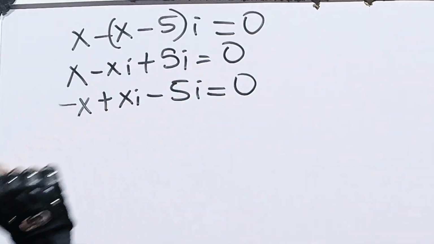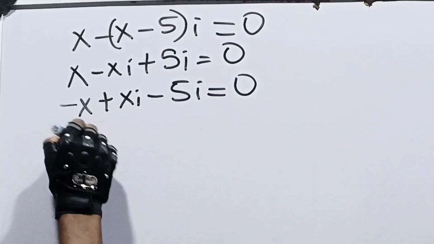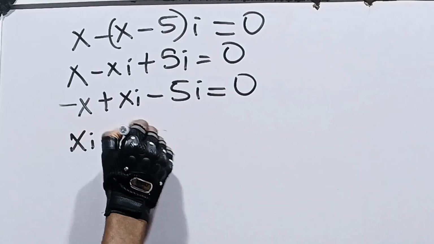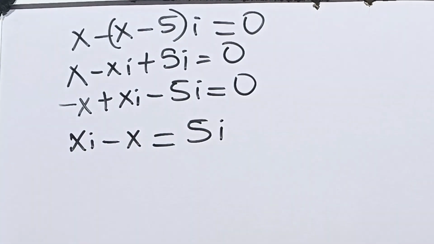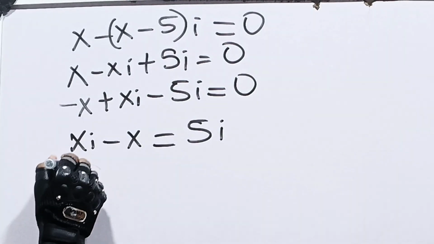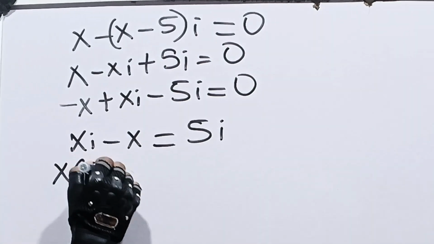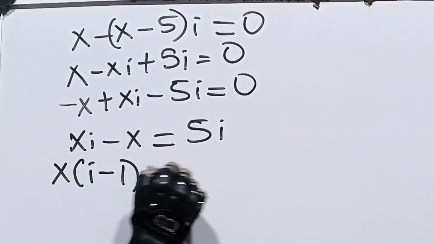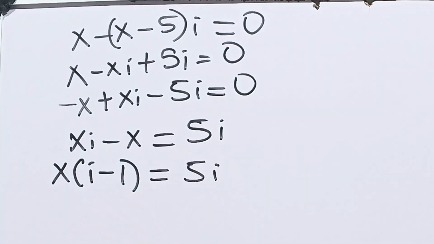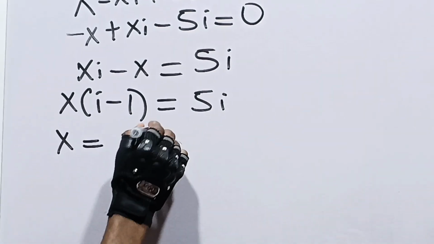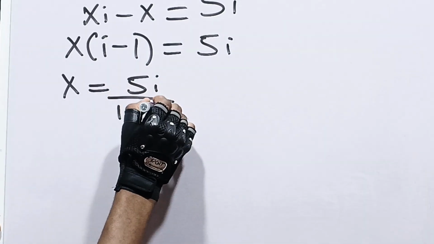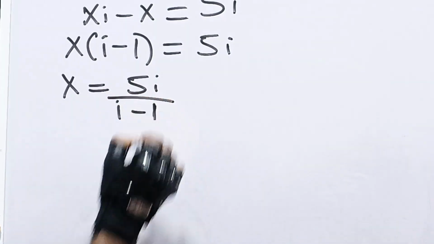If we cross this over here, we have xi minus x is equal to 5i. Now, when we factor out x from here, we have x into i minus 1 is equal to 5i. Now we have that x to be equal to 5i divided by 1 minus i. Sorry, i minus 1.